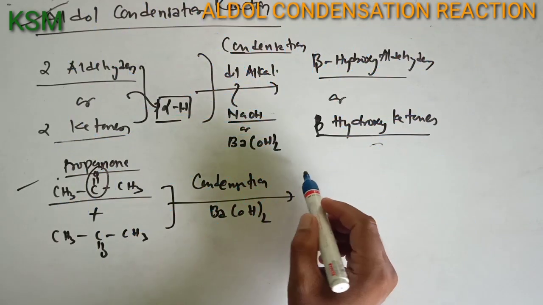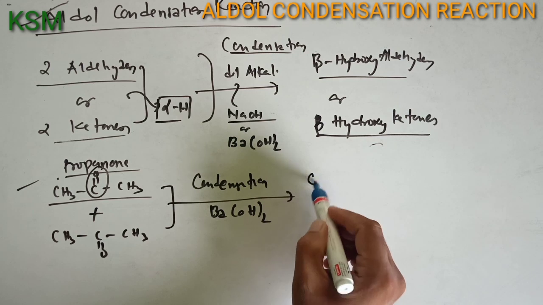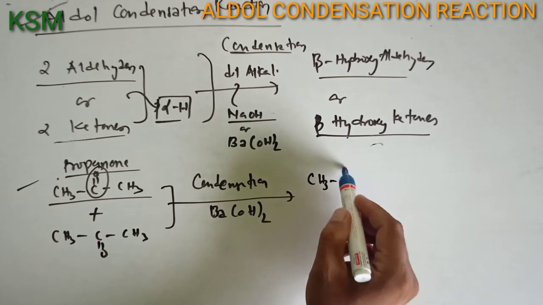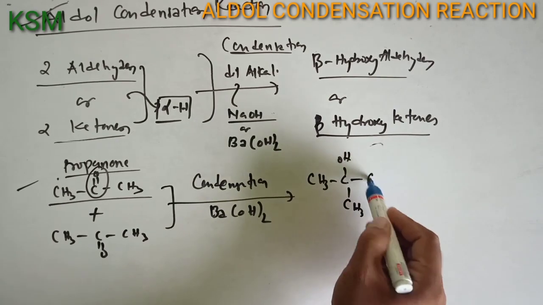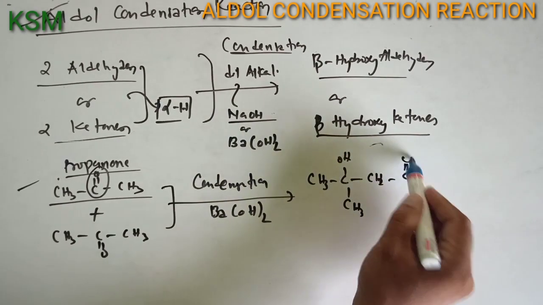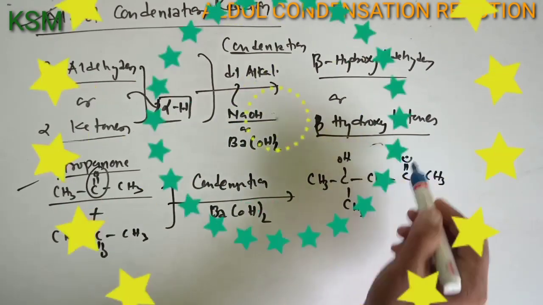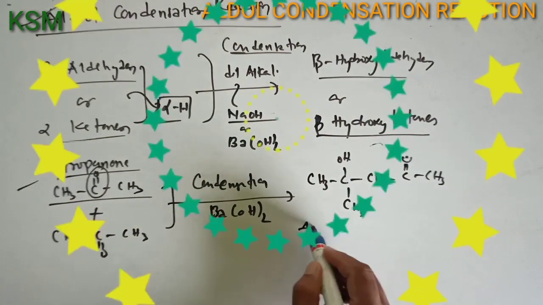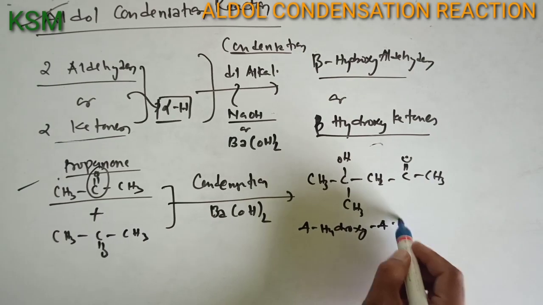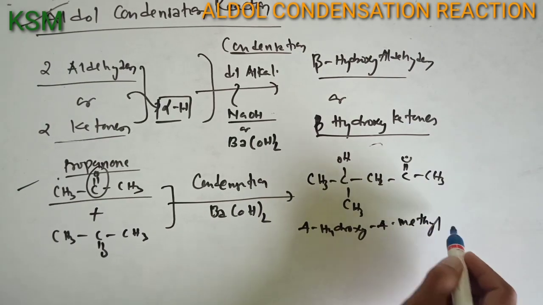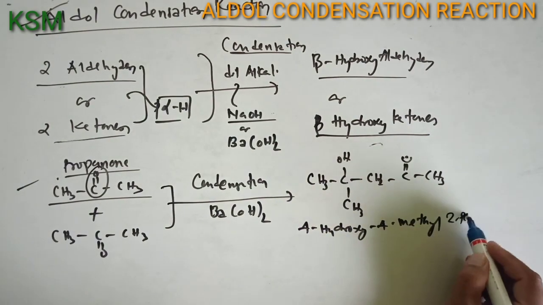Here it will be CH3, C, OH, single bond CH3, CH2, C double bond O, CH3. It is called 4-hydroxy 4-methyl 2-pentanone.